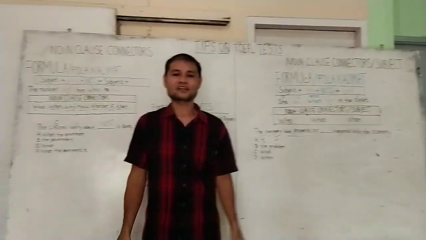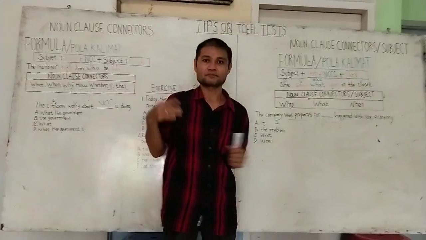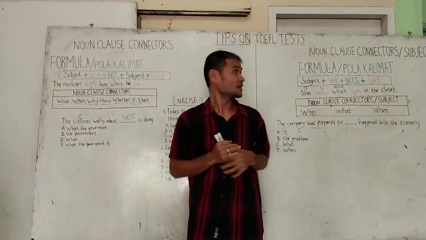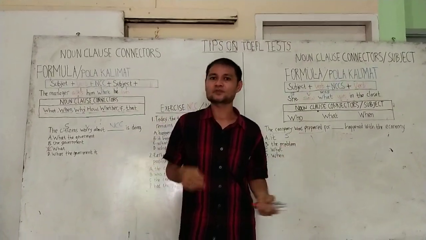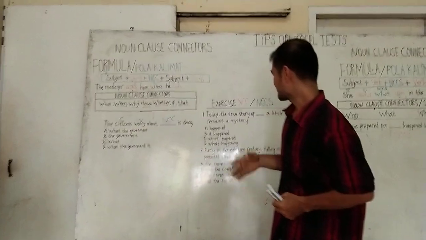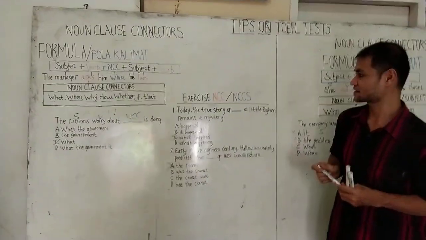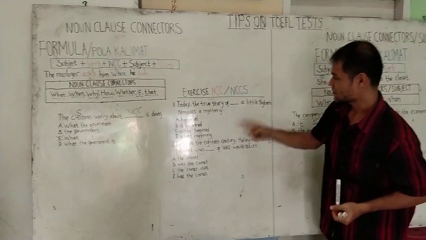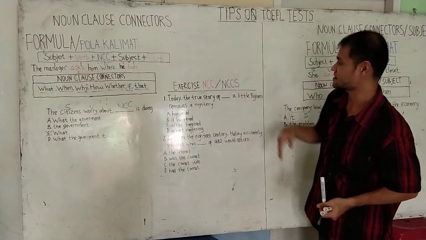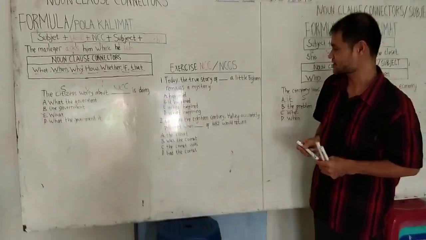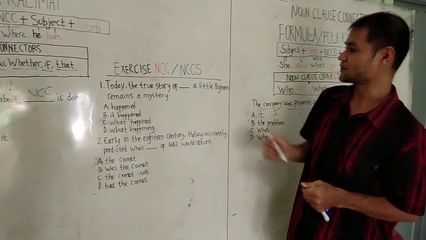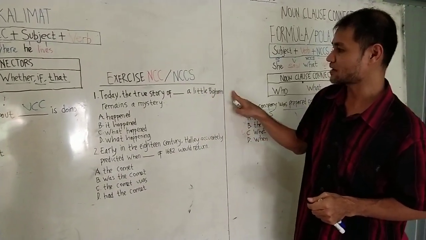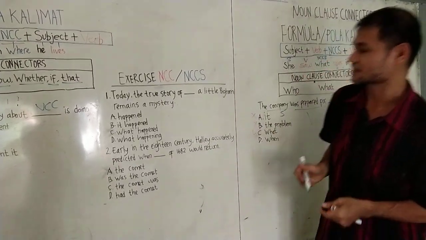To be more clear, to see the difference between noun clause connector and noun clause connector as subject, let me give you some tests. Here, there are two numbers to determine which is NCC, which is NCCS. Number 1. Today, the true story of blah blah blah, a little bighorn, remains a mystery.